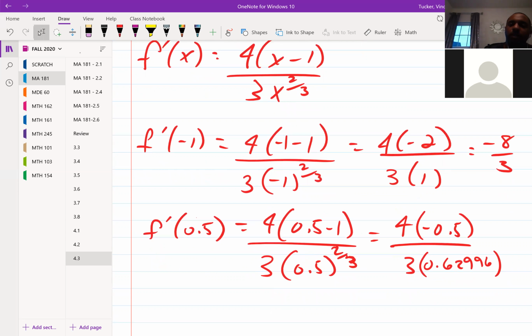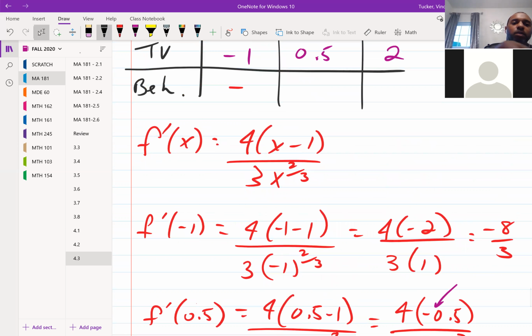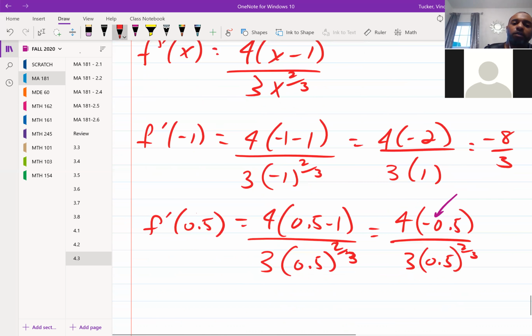Well, bottom line, I really didn't have to do that. I can keep it clean. We're getting a negative value right here. And remember, that's our main thing that we want to establish: are we getting a negative or positive value? So 0.5 is positive, so I am still going to get a negative right here. Then our next value is +2.